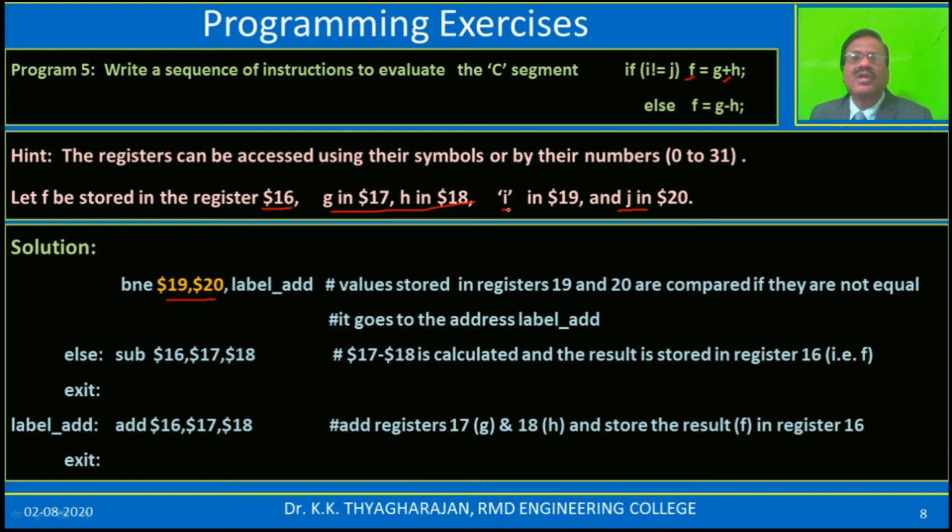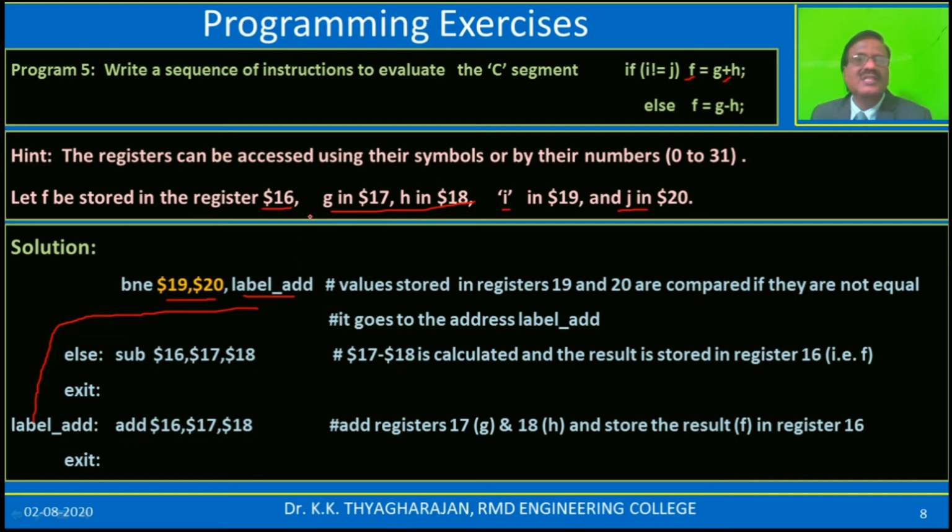In 19, what do you have? i. In 20, you have j. So it will check these two registers. If they are not equal, it will go to this label add. So label add is here. It will go here if it is not equal. If it is not equal, what should it do? It should perform g plus h.